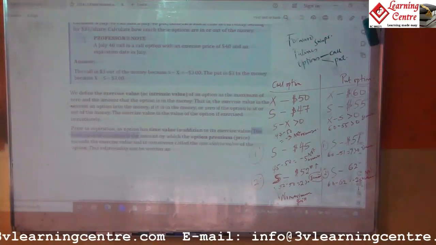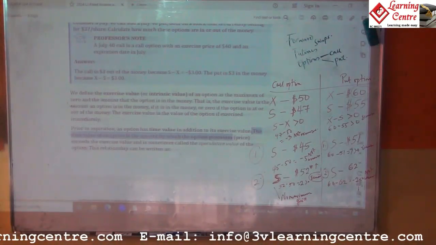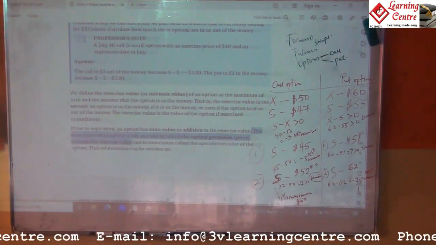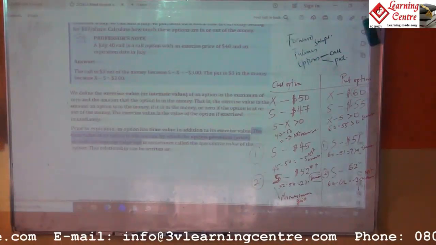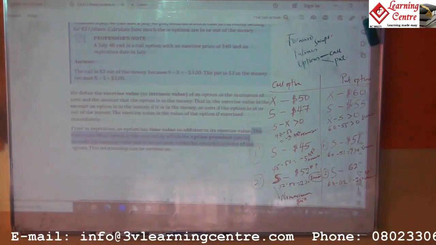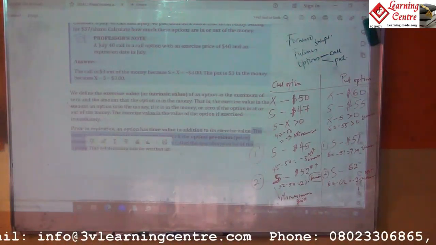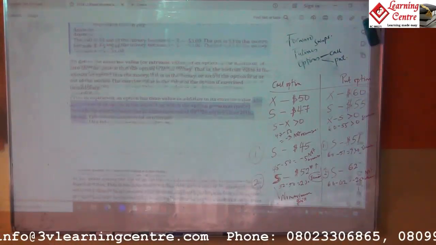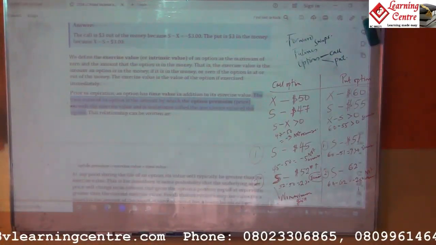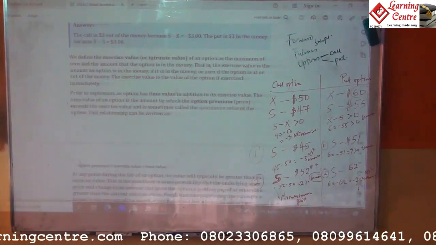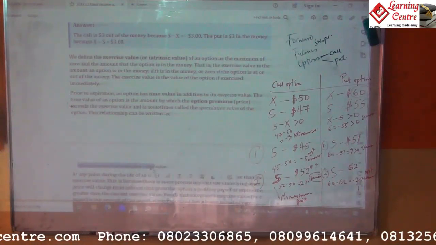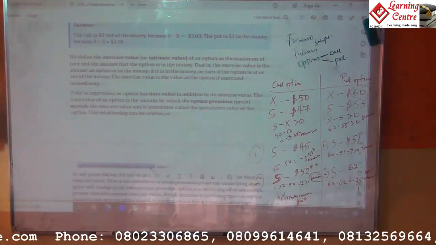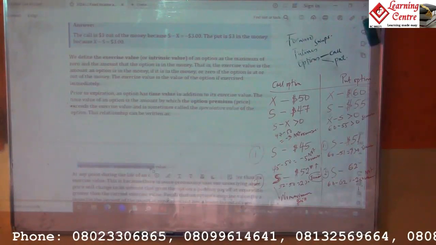The time value of an option is the amount by which the option premium exceeds the exercise value and is sometimes called the speculative value of the option. This relationship can be written as this, so don't worry yourself about it. What it's just trying to say is that there is a value of the option as time is going on.